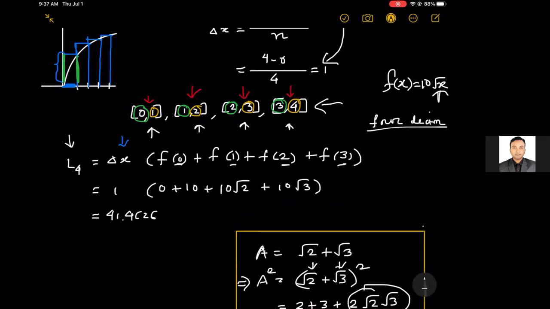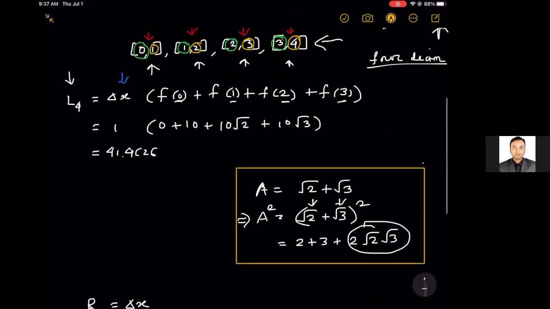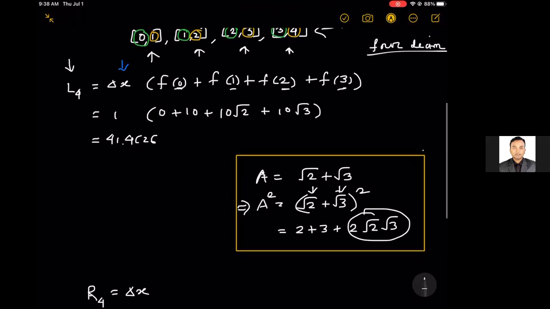Someone else? I guess someone has already told me the formula for the left Riemann sum. Can someone else tell me now the formula for the right Riemann sum? Will it be f of 1 plus f of 2 plus f of 3 plus f of 4? Exactly, yeah.